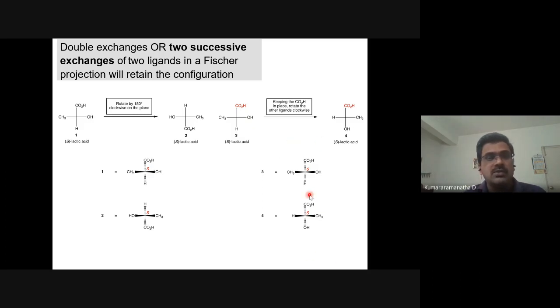Okay, so which essentially means if you do double exchange or two successive exchanges, we can retain the configuration. Okay, so that is an important point, which is an extension of the CIP rules.